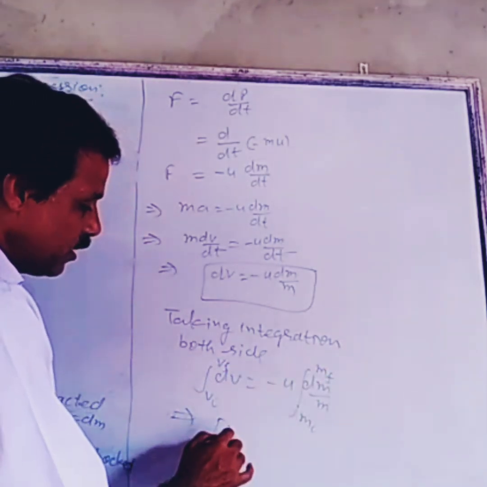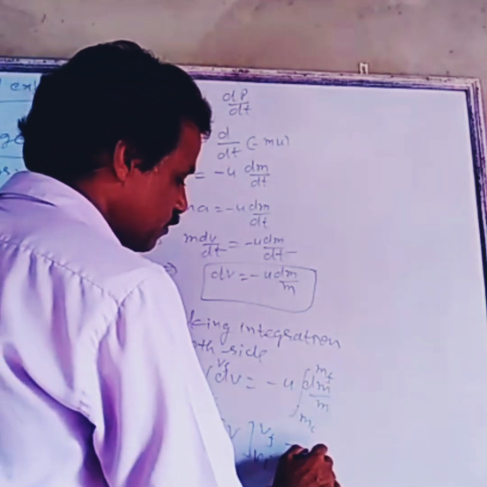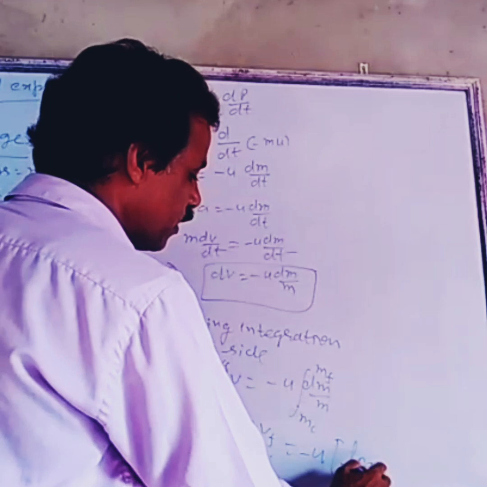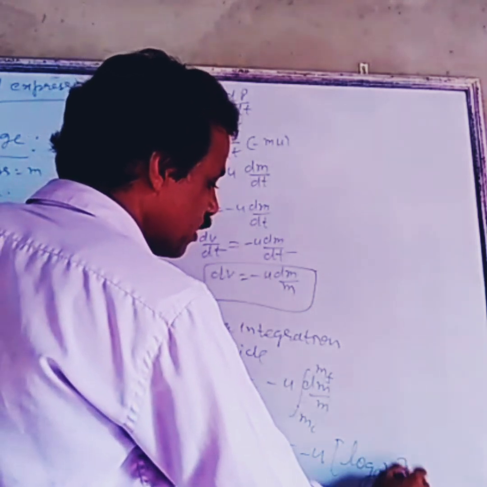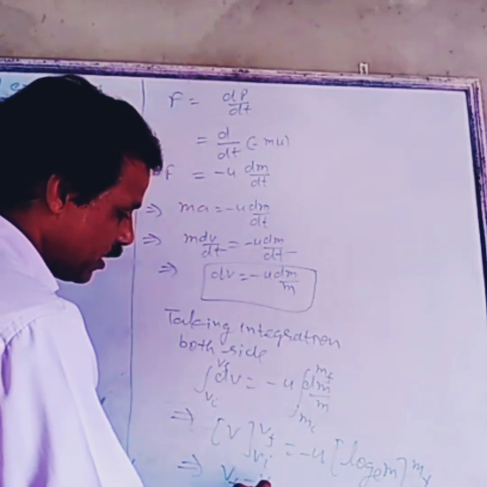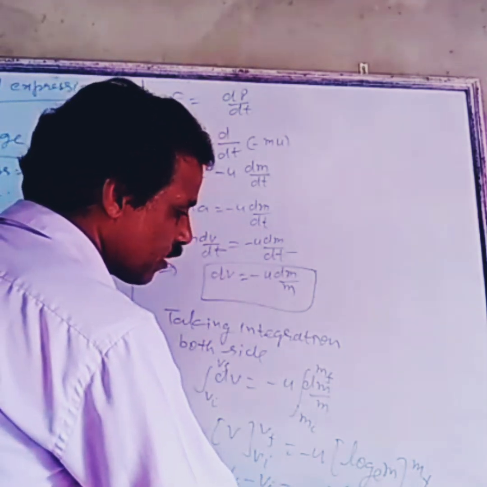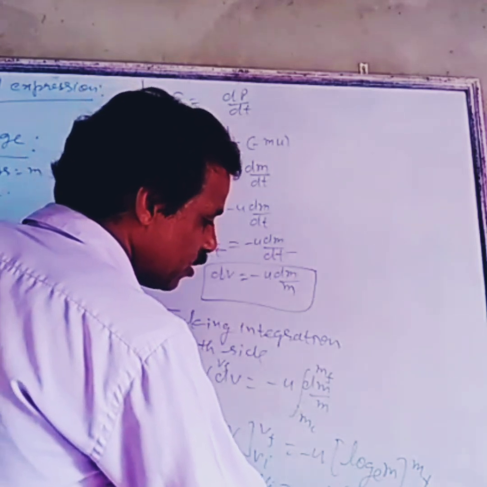The integral of dv is v, with limits vi to vf. The integral of dm over m is log m, with limits mi to mf. Solving, vf minus vi equals minus u times log mf minus log mi.